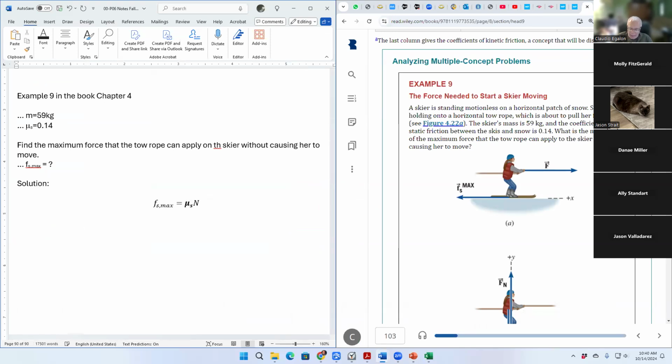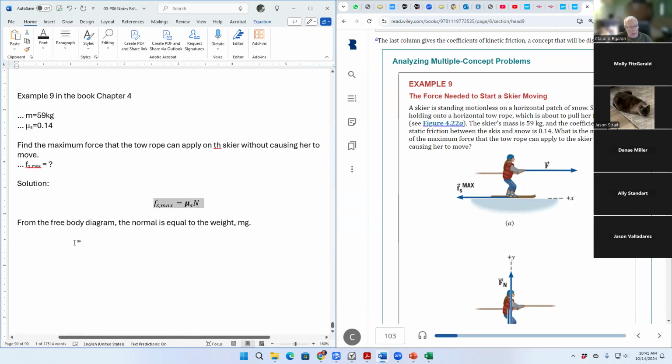From the free body diagram, the normal is equal to the weight, mg. So we go ahead and place it right in here, mg.